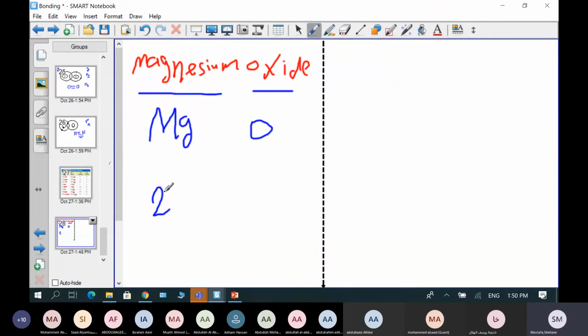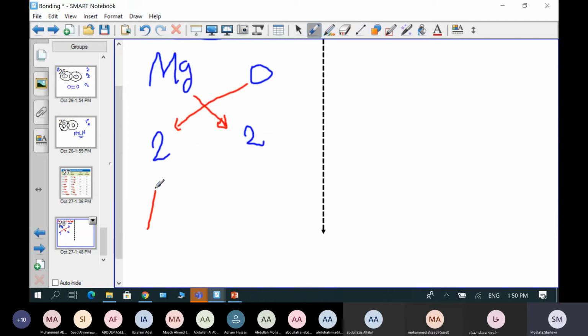The oxidation number is written without any sign. The oxidation number for oxygen is 2. Then I make the cross sign like this. So Mg will take 2, and oxygen will take 2. In the chemical formula, anything that can be cancelled out, I have to cancel out and put it in the simplest form.